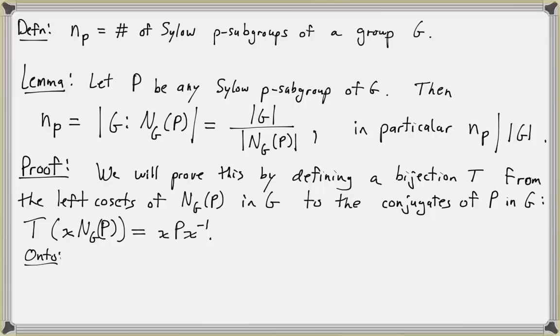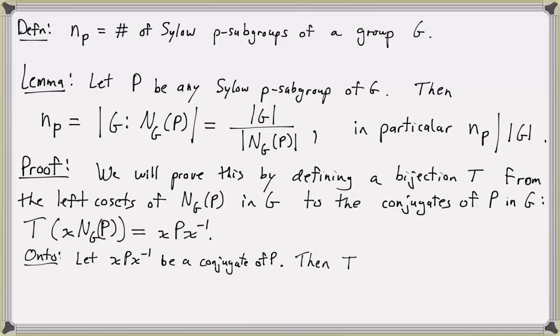Well, by the definition of T, this is onto, because if X P X inverse is a conjugate of P, then X is an element of G, and therefore X times the normalizer of P is a left coset.